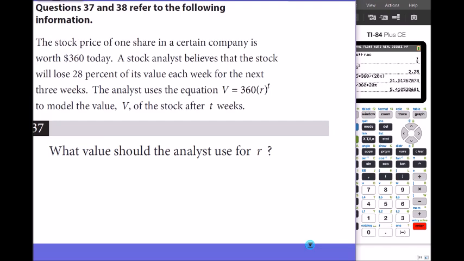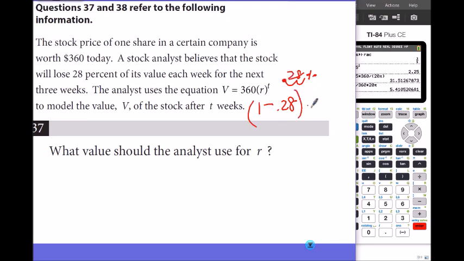All right, 37. What value should the analyst use for r? So the stock price of one share in a certain company is worth $360 today. A stock analyst believes the stock will lose 28% of its value each week. That means 1 minus 0.28, right? 28% is, you have to move 2 decimals to the left, so it's 0.28.